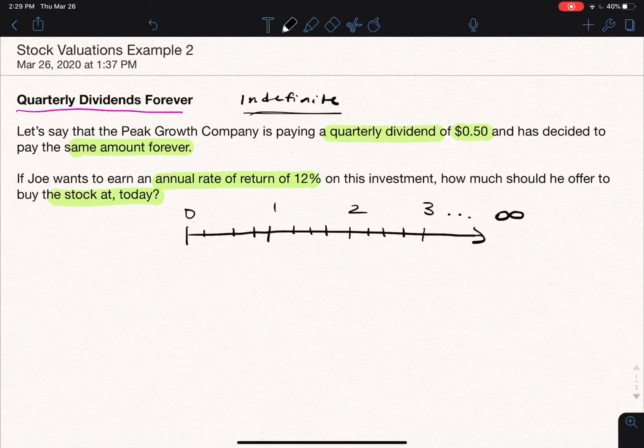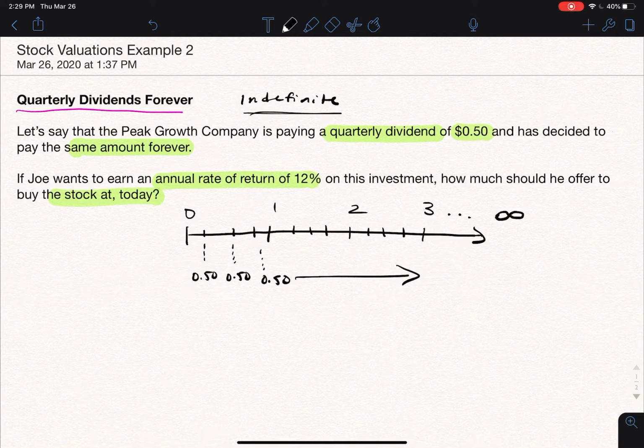So they're getting quarterly dividends of 50 cents. 50 cents, 50 cents, so on and so forth, right? And it says that they've decided to pay the same amount forever. So as far as we know, if we were to buy this stock today, we could expect approximately $2 in dividends every year forever.